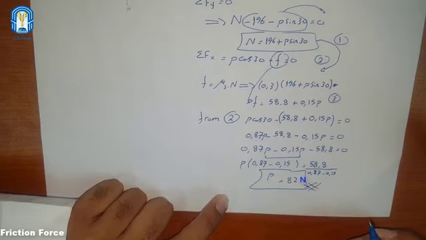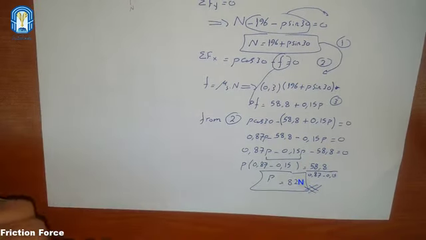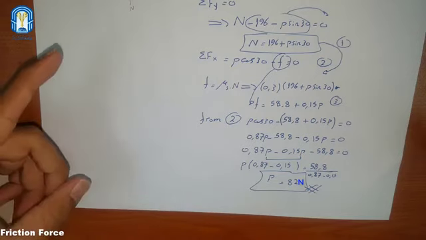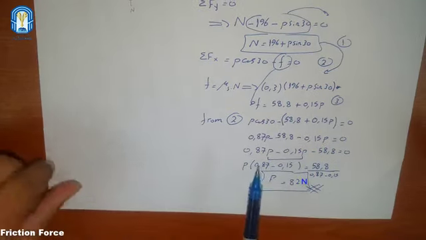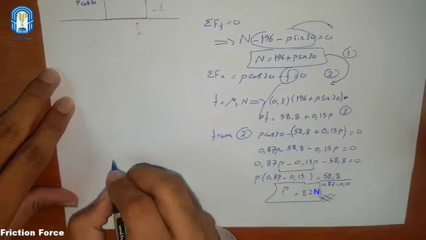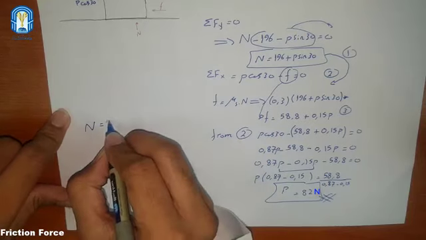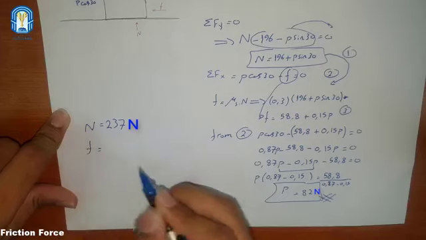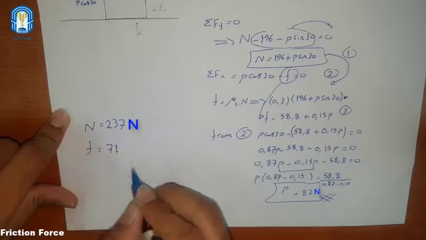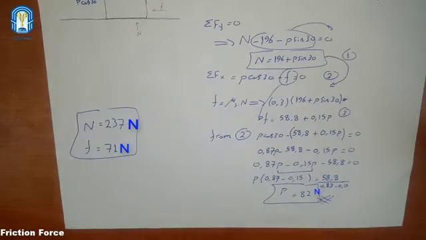Now we put P in equation number 1 to give us N, and also in equation number 3 to give us the friction force. It gives us the normal force equal to 237, and the friction force is 71. And that's it. Thank you.